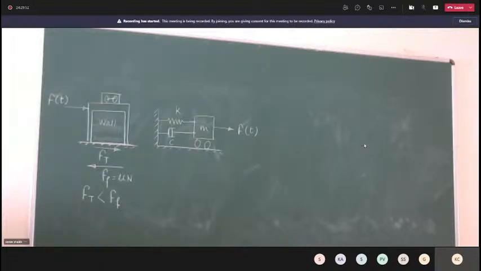If I ask you, where is foundation in this conceptual model? Can you show me? Anybody online? If I can get that, I can find out what is the force transmitted to foundation.